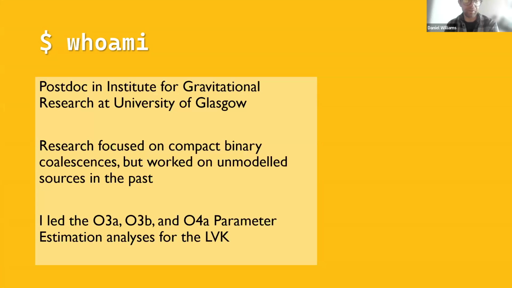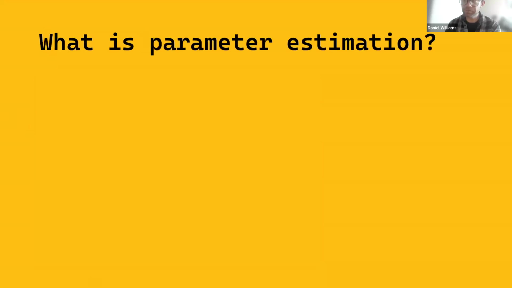And I guess I'm here to talk to you largely because I led the O3A, O3B, and O4A parameter estimation analyses. So I did the parameter estimation for most of the last three observing runs of advanced LIGO. So I have now had my fair share of looking at new binary black hole signals.